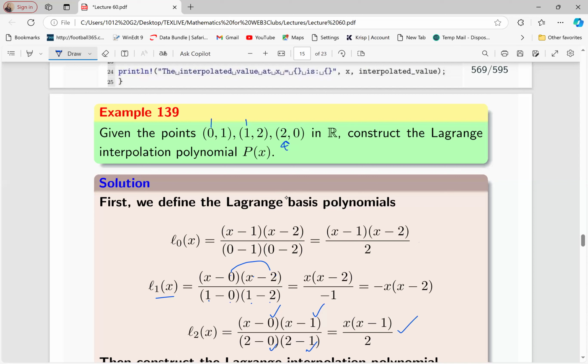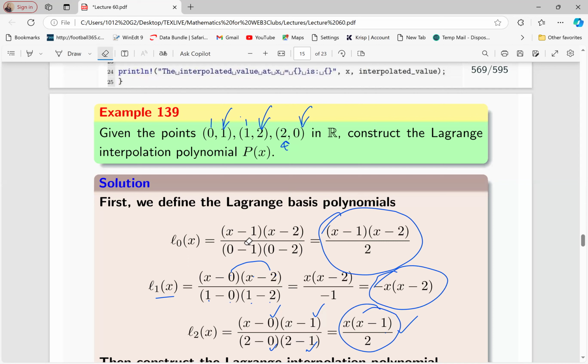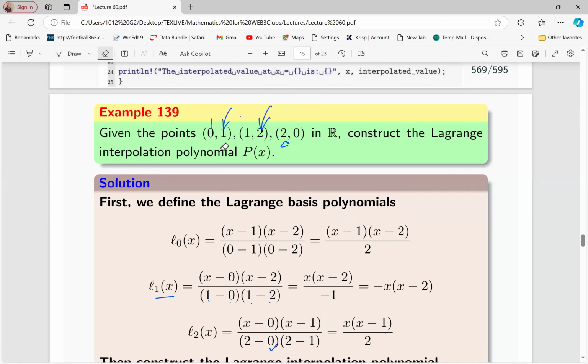Then L0(x) is multiplied by the corresponding value of y, this one multiplied by its corresponding value of y, and this one multiplied by its corresponding value of y. Then add the results and simplify your polynomial.